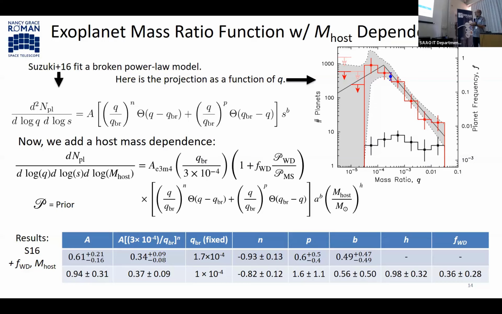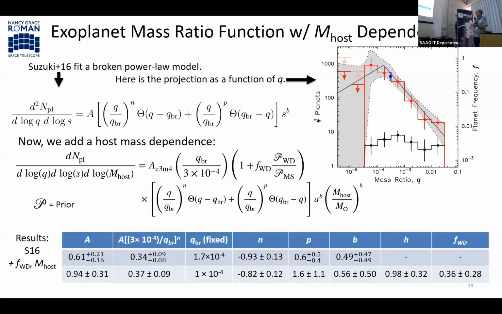And now here's the model we fit. So the model includes more than just these two dimensions. It also has a separation dependence. The parameter b here is sort of a half plus or minus a half, so it's not super significant, but there seems to be some favor of hosts that are at wider separation than the peak sensitivity for microlensing.